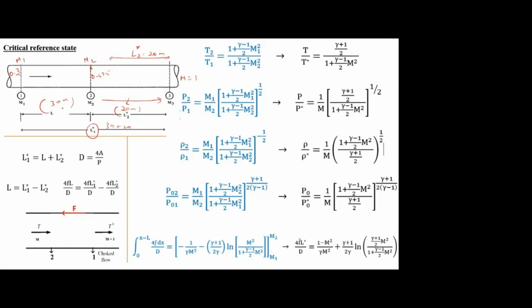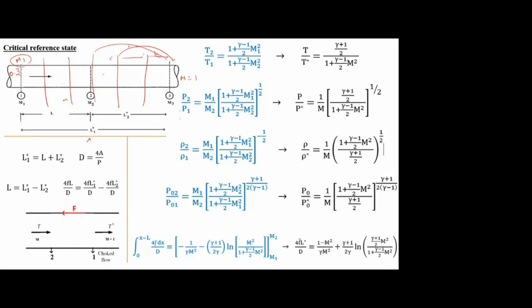Okay. So if you know M1, using the table you can find L1 star. If you know M2, you can find L2 star. So L star means L maximum. I can take any arbitrary station that can be converted into sonic by adding the required length of the duct.